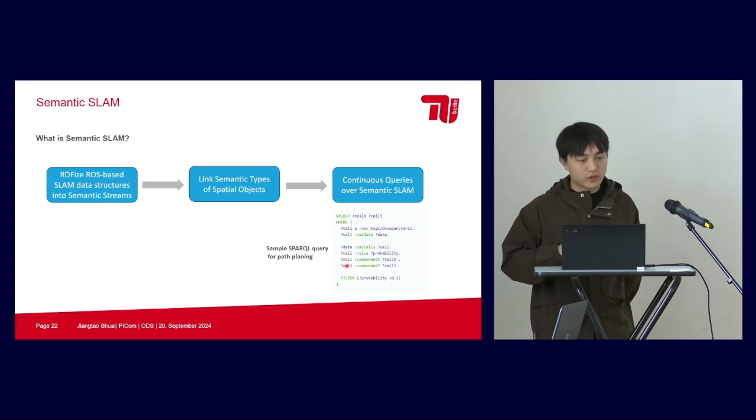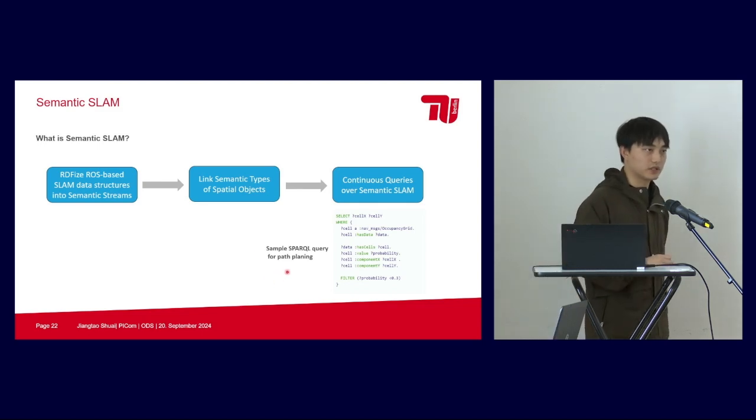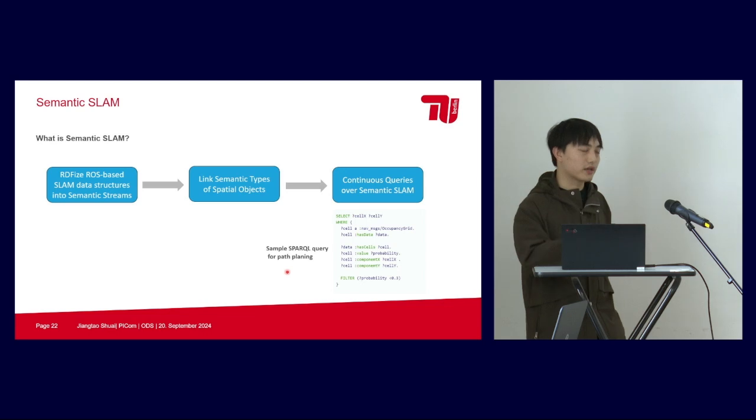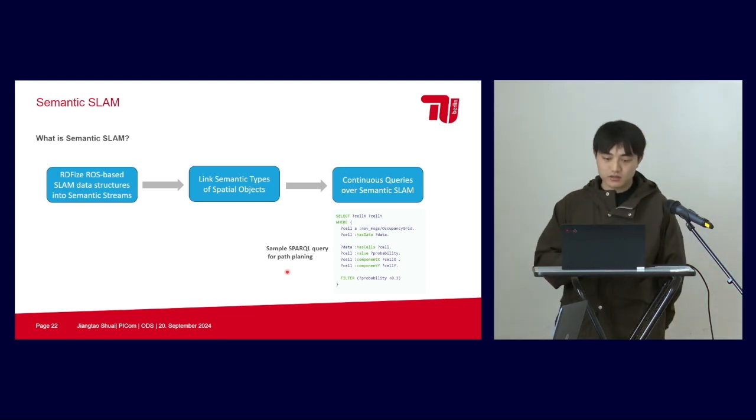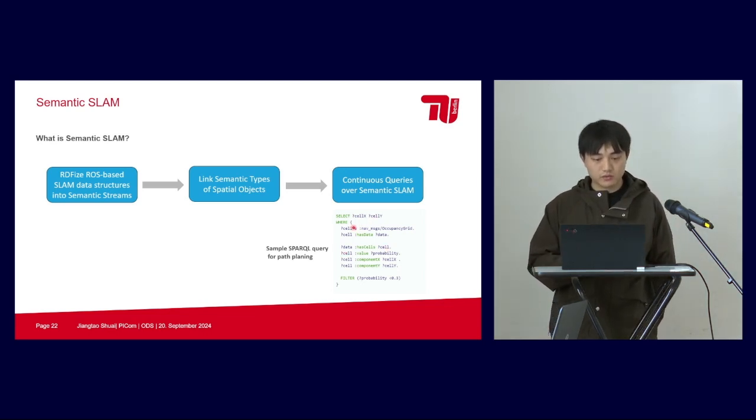So assume we are already running all these things behind the scenes, and then we want to do path planning to navigate our robot in an indoor environment from point A to point B. Then we need to check our map.